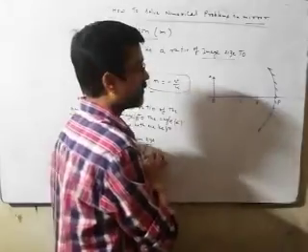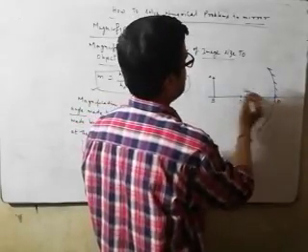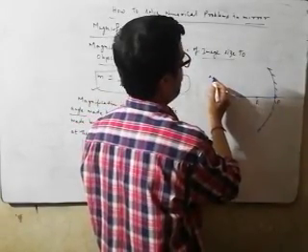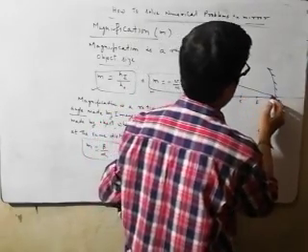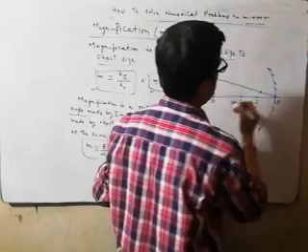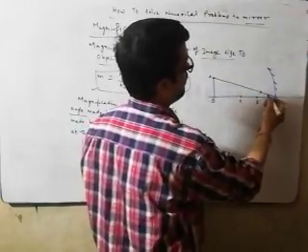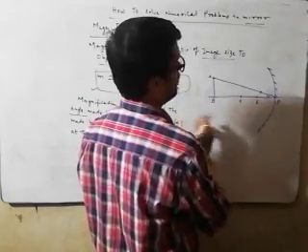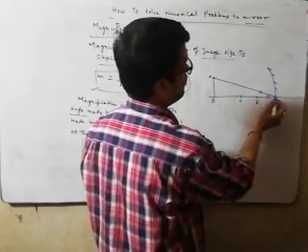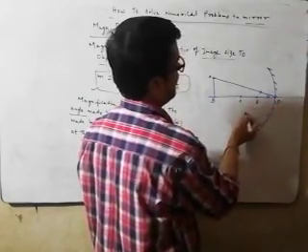First light ray will pass from pole, angle of incidence i will be equal to angle of reflection, so light ray will be like this.